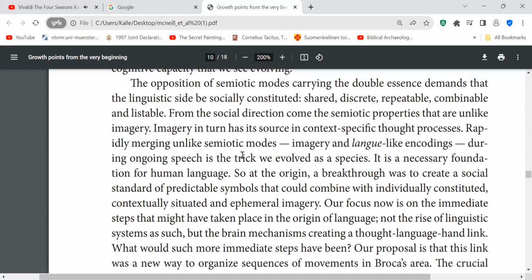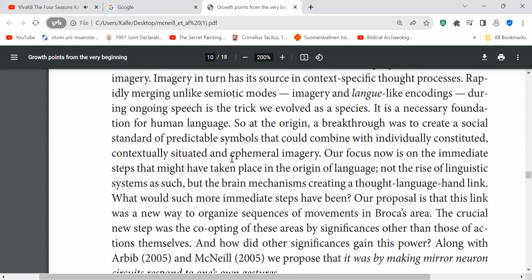Imagery and language-like encodings during ongoing speech is the trick we evolved as a species. It is a necessary foundation for human language.